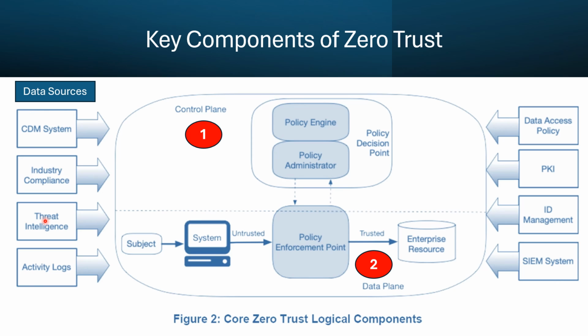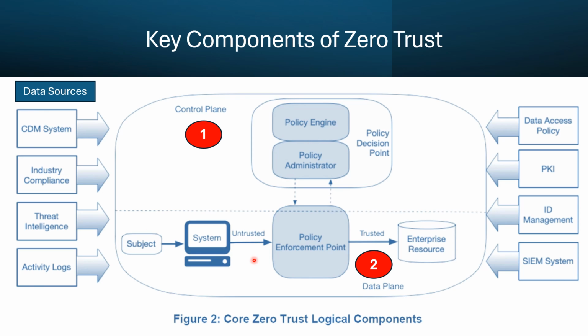We need threat intelligence. We need to know what's going on in the world of cybersecurity. So we need to have a lot of threat intelligence, and obviously it relies on activity logs. So all of these are data sources for both the data plane and the control plane. So here is the control plane.